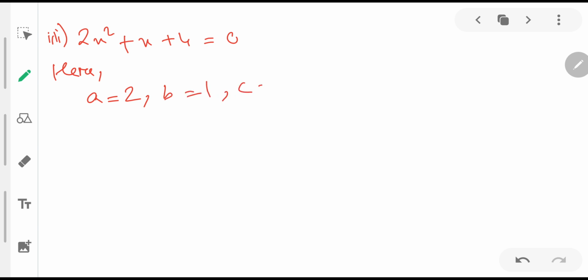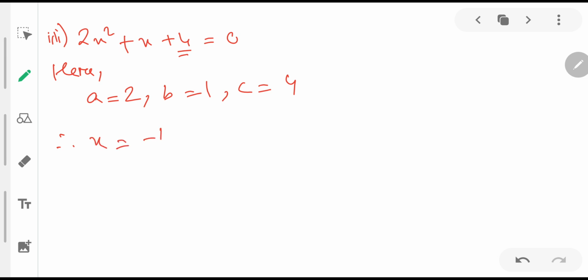Let us go to the final question of today's part, which is 2x square plus x plus 4 equals 0. Extract a, b and c. Here a is 2, b is 1 and c is the constant term, which is 4. Therefore, apply the quadratic formula here.